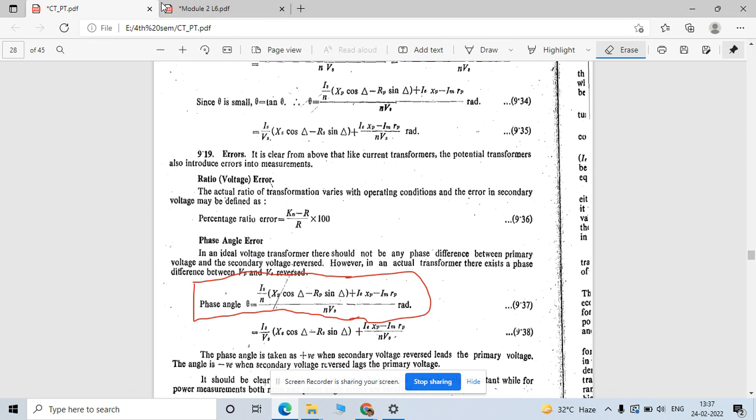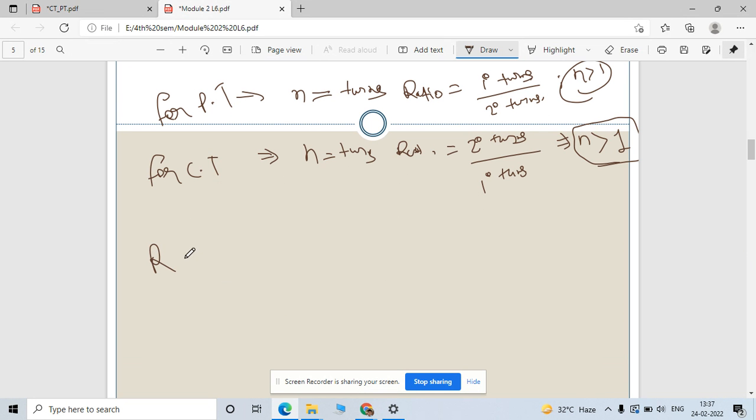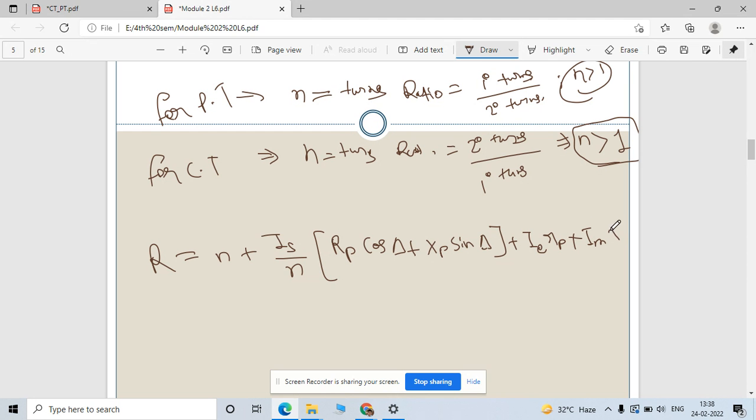Okay, so this is nothing but your actual ratio for PT, which is n plus is by n, here rp cos of del plus xp sin of del, plus ie rp plus im xp, divided by vs.